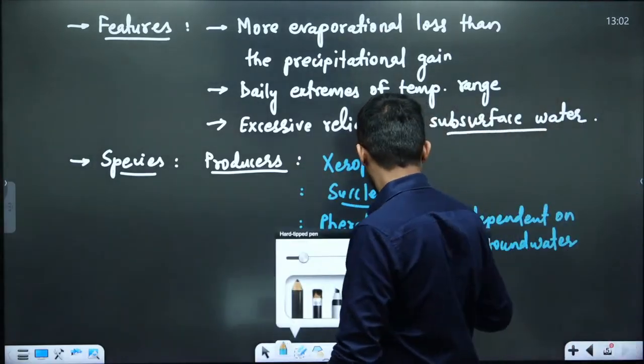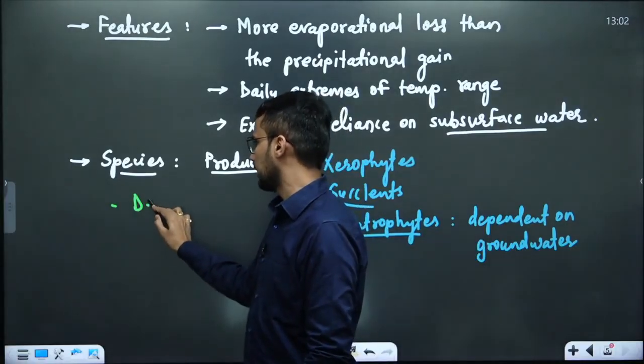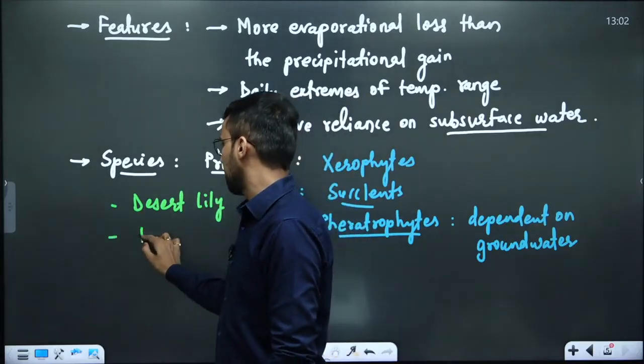Examples क्या होंगे इसके? Examples you can write. Desert lily. Palm trees.